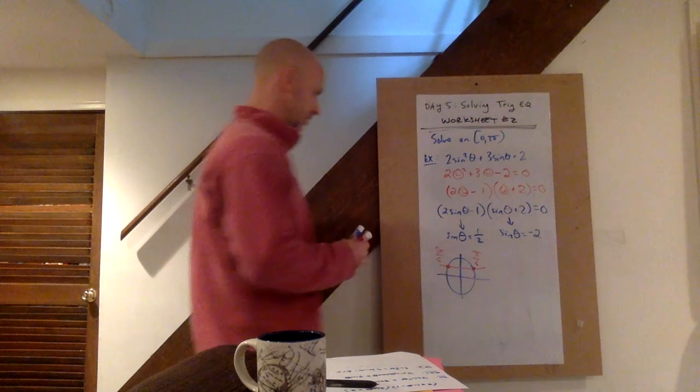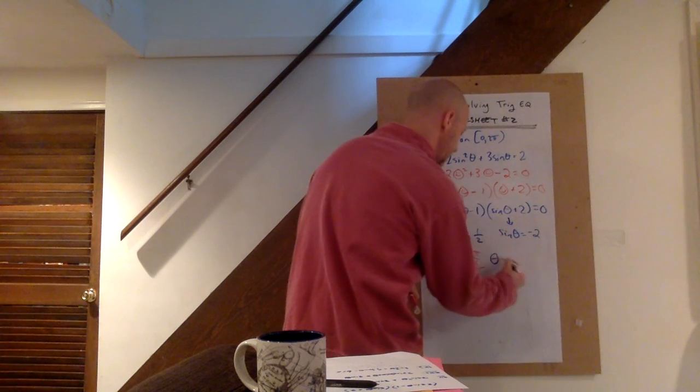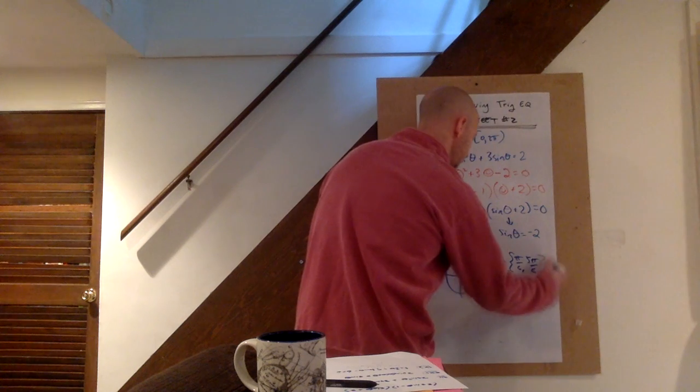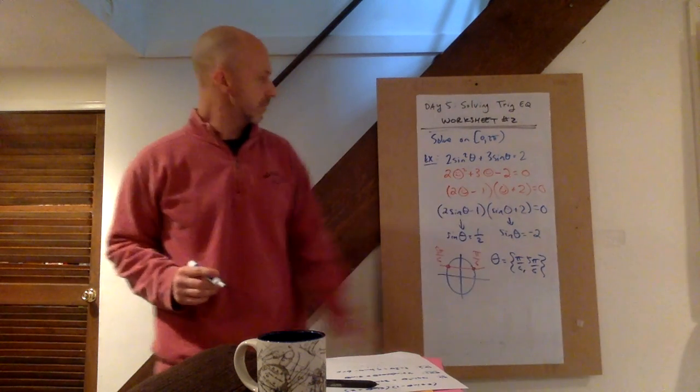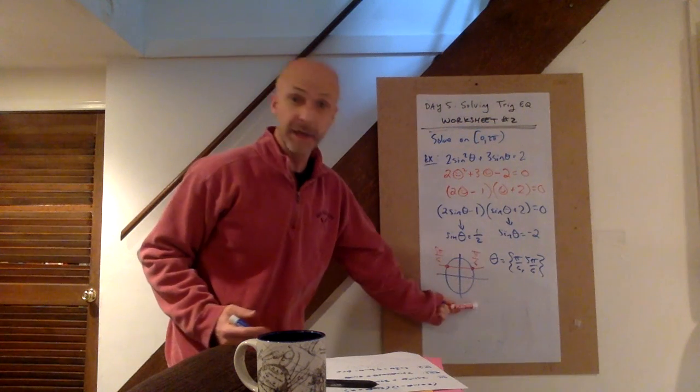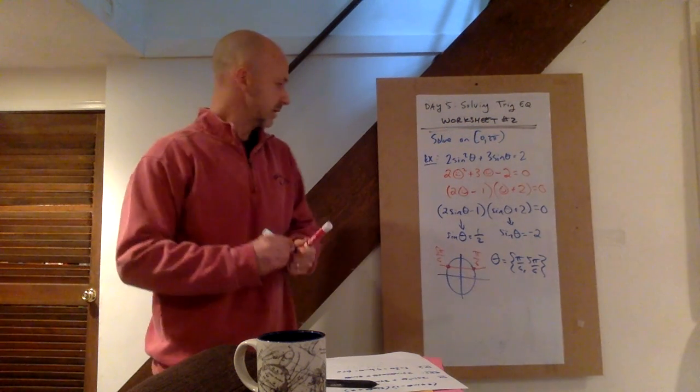And that's it. So I write those like this. Theta equals pi over 6 and 5 pi over 6, and we're done. Okay, second linear factor didn't lead to any solutions because sine was never equal to -2. So there's that.